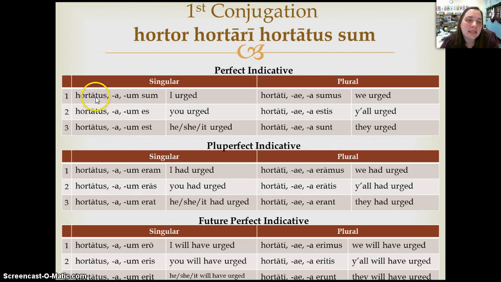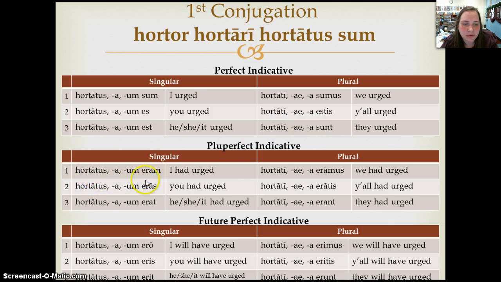So hortatus, hortata, hortatum, sum, right? And again, you're going to have to change the ending on that fourth principal part, the perfect passive participle, to match whatever the subject is. So hortatus sum, hortatus es, hortatus est, hortati sumus, hortati estis, hortati sunt.